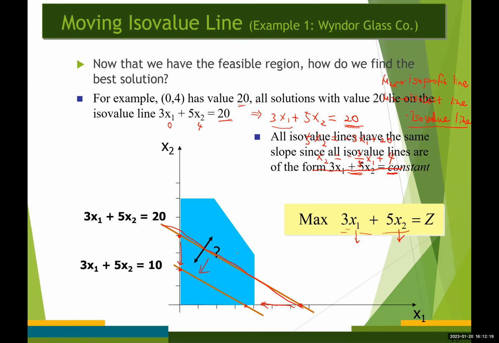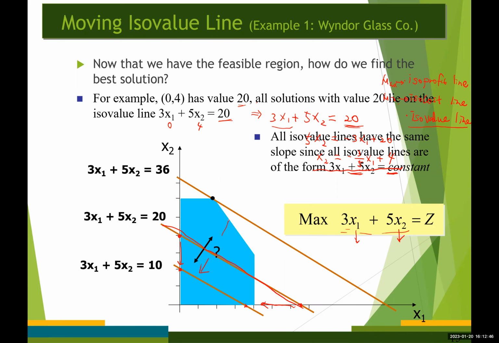Likewise, the objective function value z will increase if we move in a direction for which both x1 and x2 increase. So we construct an additional iso value line by moving parallel to 3x1 plus 5x2 equals 36 in a northeast direction.